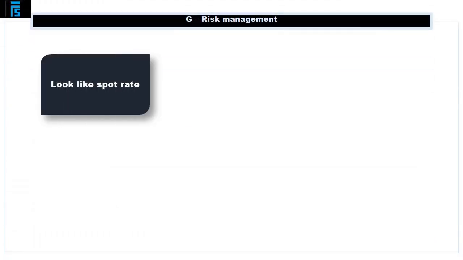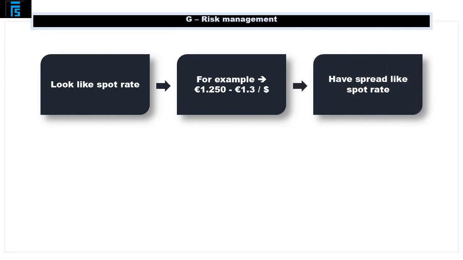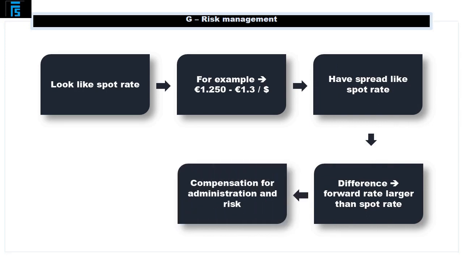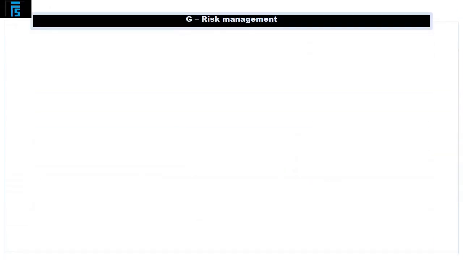This might look like a spot rate, for example 1.25 to 1.35 euros per dollar. Forward rates also have a spread like spot rates do. Only the difference between the two prices is larger than the spot rate, as the bank extracts more compensation for the administration of the contract and the risk they take on. The spot rate may be different from the forward rate when the contract is executed.